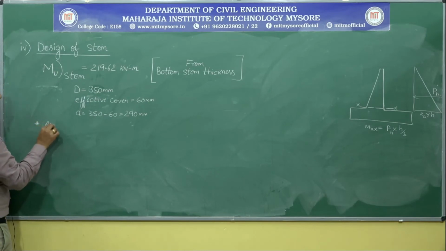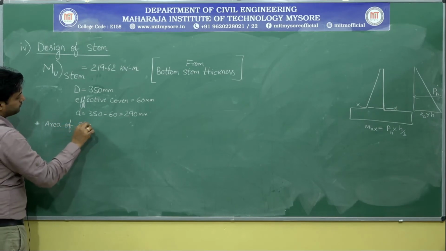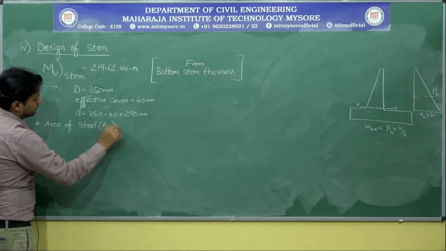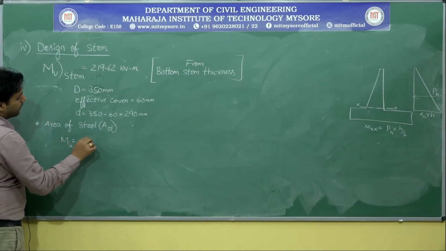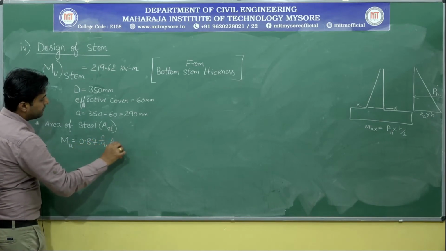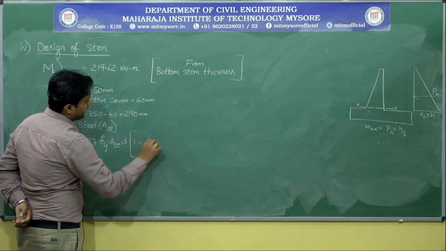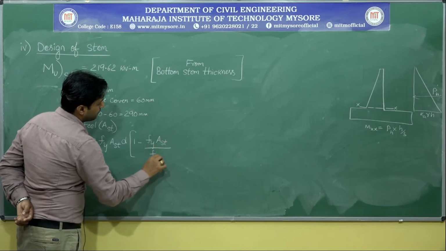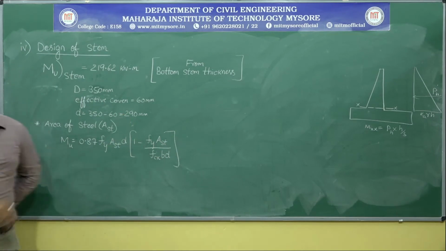Now I will be calculating the area of steel. So we know that Mu is equal to 0.87 Fy Ast into d into 1 minus Fy Ast divided by fck b into d. Let me check whether the formula is correct.